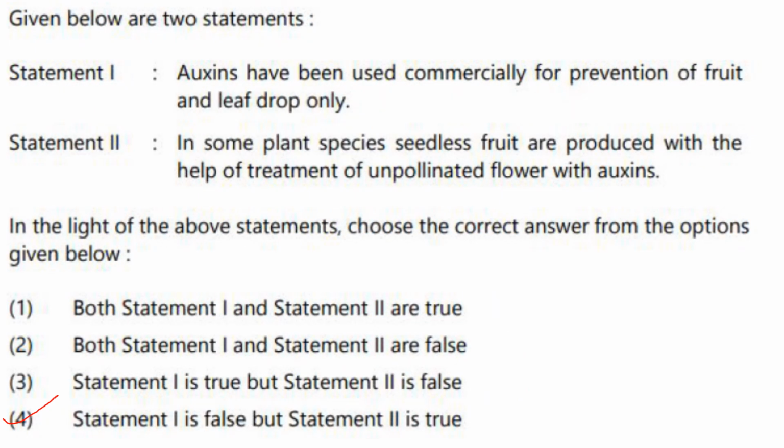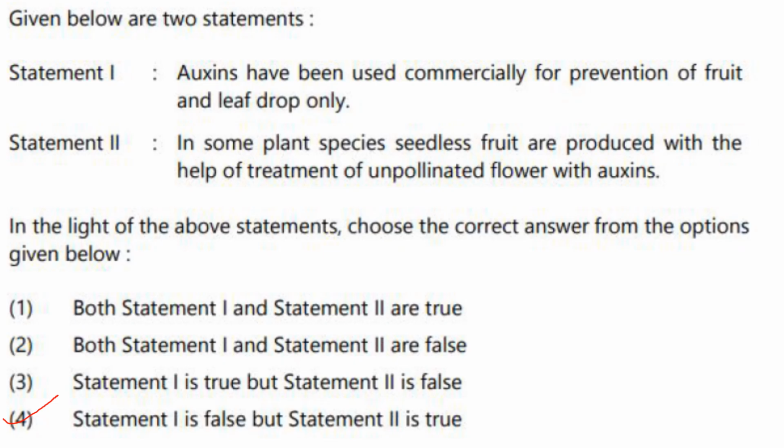Auxins have been used commercially for prevention of fruit and leaf drop only. When they mention terms like only, you have to be careful, because sometimes it may be wrong. Here the statement is false, because there are other applications of auxins. Not only prevention of fruit and leaf drop, but they promote root growth from cuttings, control stem elongation and cell division, enhance fruit development and retention, and are also used as herbicide.